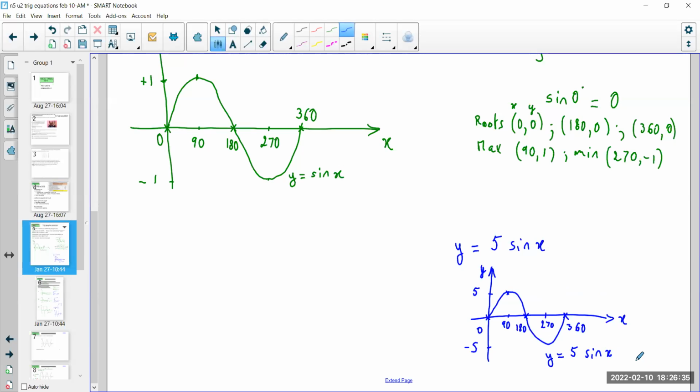Okay, and if you were to take your calculator, you could check that when x is equal to 90, 5 sine x would give you 5. Okay, and that's what I meant by it's a sketch you're asked to do. It's not Picasso art.